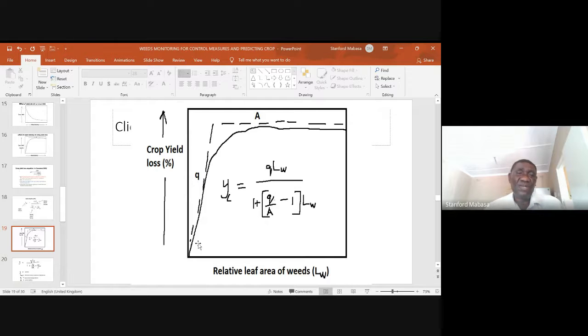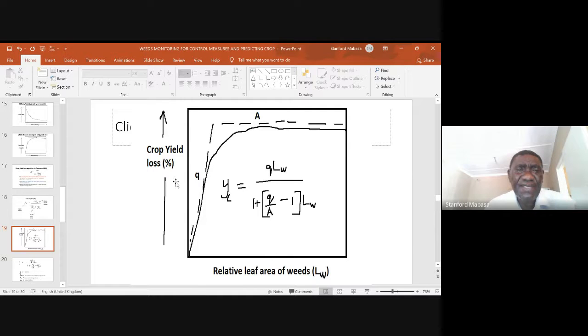Again, you also get a rectangular hyperbola, but here we now have the relative leaf area of the weed instead of weed numbers. This is represented by LW.